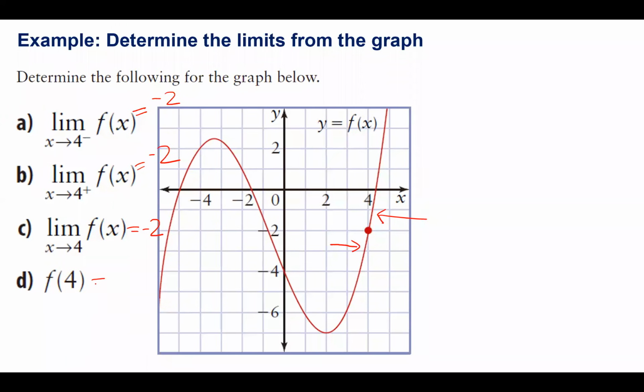And then last is the image of 4, right? The image of 4 under f, which is also -2, right? Any questions? No?